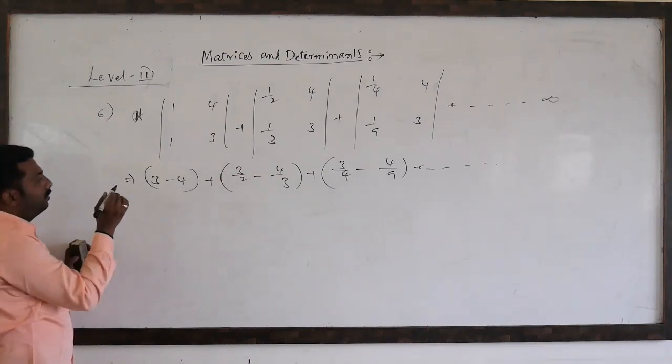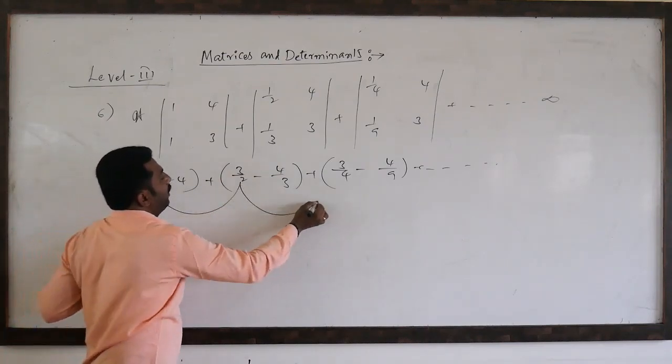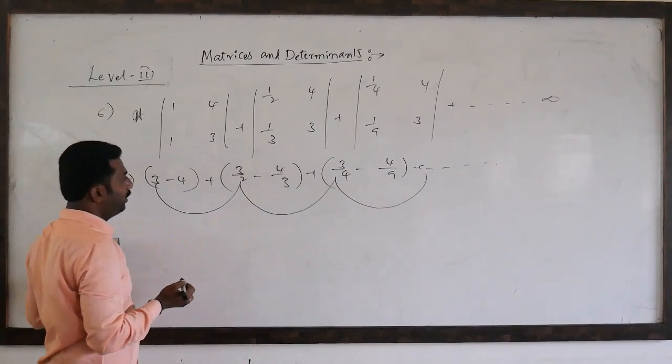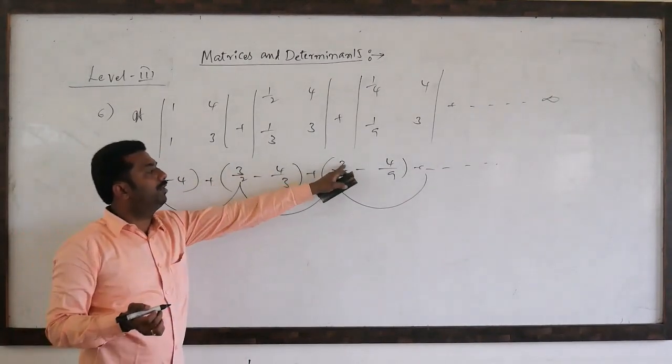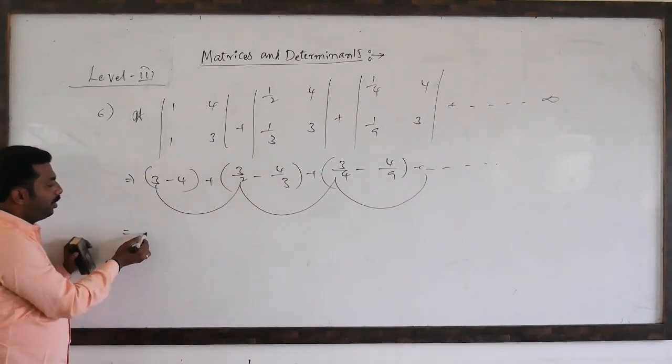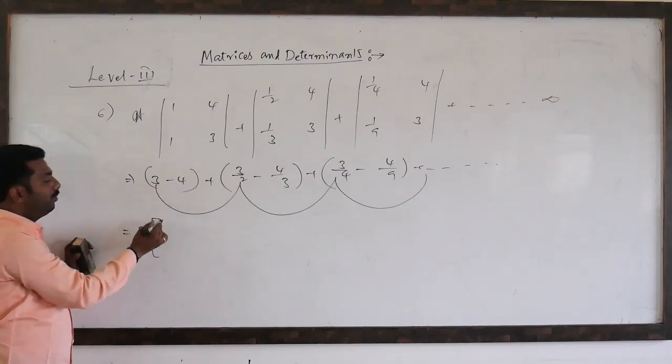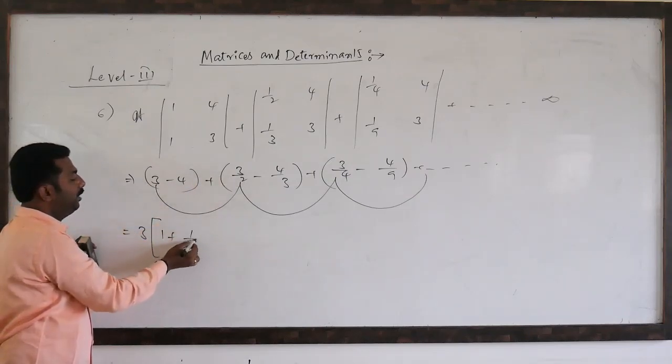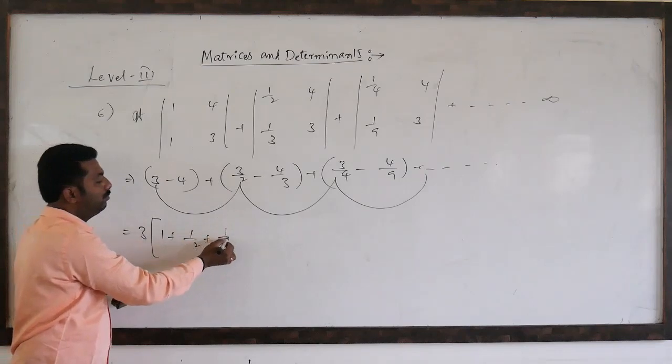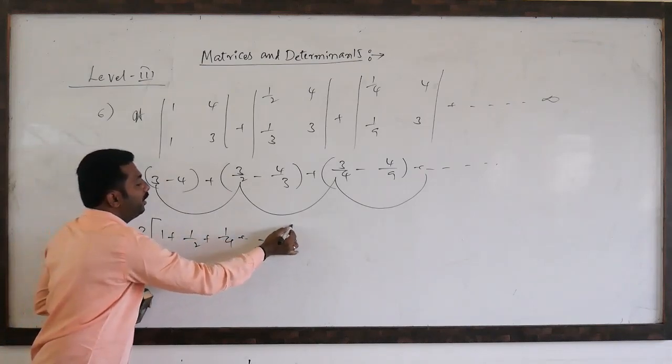Very clear. First terms I am writing: 3 by 2, 3 by 4. If I take 3 common, what happens here? 1 plus 1 by 2 plus 1 by 4, infinite terms.